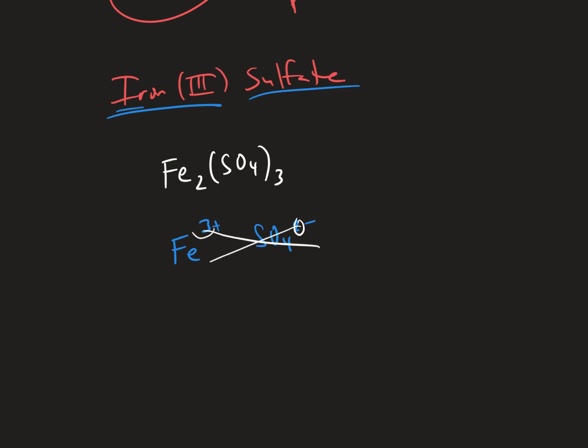We cross the charges. So Fe2(SO4)3. Why do we put parentheses? There's more than one, right? There's 3 of them. If there's only one, we don't need to put the parentheses. If you put the parentheses, it's not going to hurt anything. Just like if we write 3x plus 2, is that the same as (3x) plus 2 with parentheses?